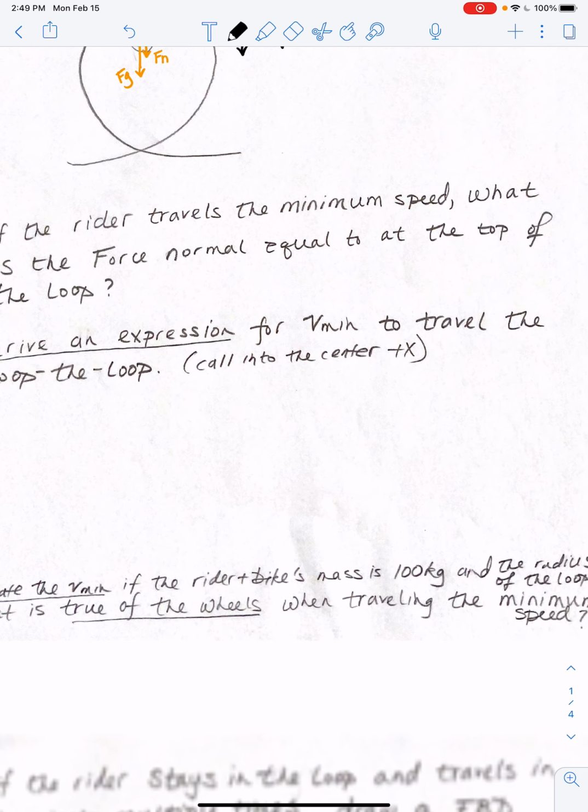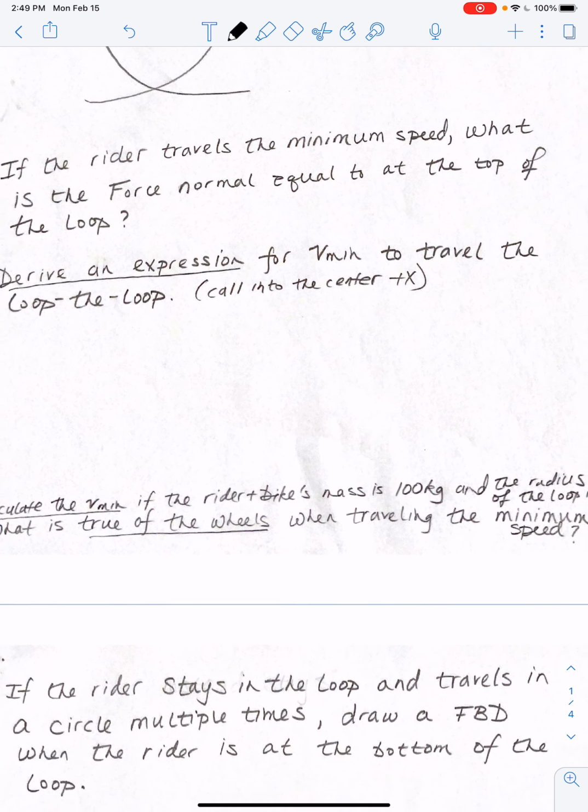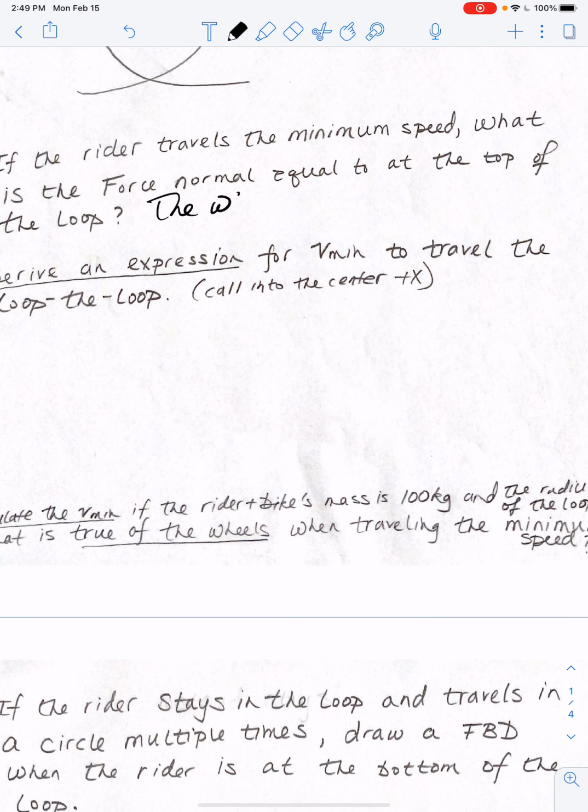So if the rider travels the minimum speed, what is the force normal equal to? We can say the wheels lose contact, or we can say just barely lose contact.